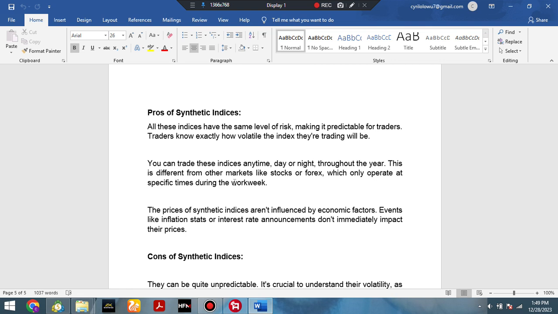This is different from other markets like stock markets or forex, which only operate at specific times during the work week. The price of synthetic indices aren't influenced by economic factors, events like inflation, stats, or interest rates. Announcements don't immediately impact their prices.